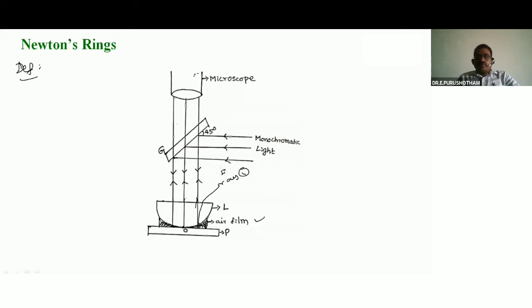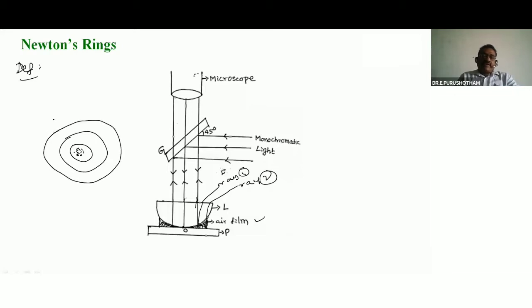Here also reflected as ray 2. This ray 1 and ray 2 superimposed on each other and give rise to an interference pattern. Due to this interference pattern, we can observe these circular rings, dark and bright. These circular rings are called Newton's rings.